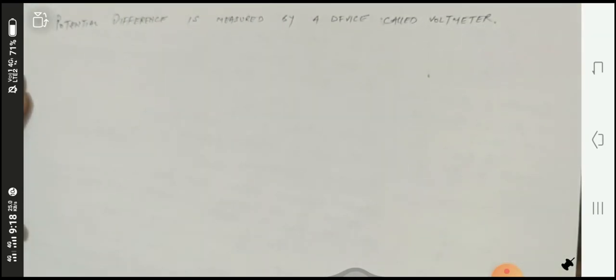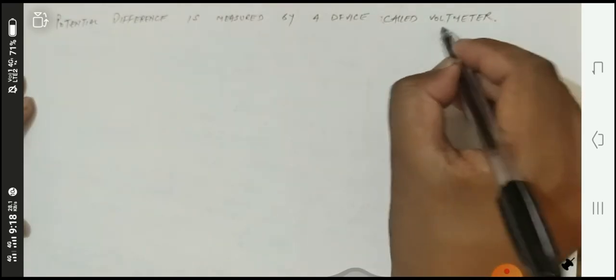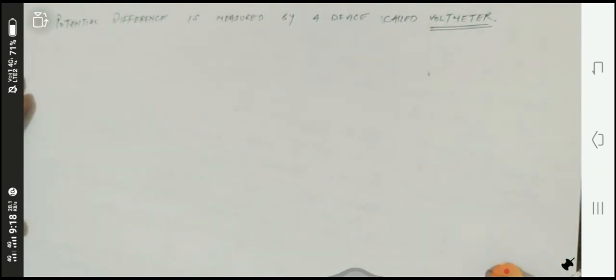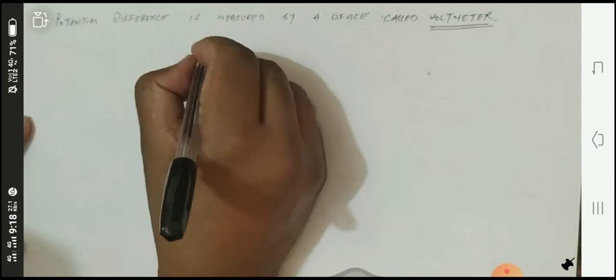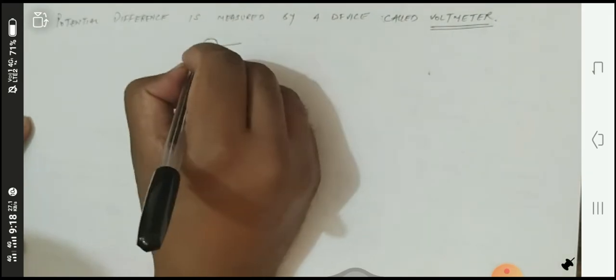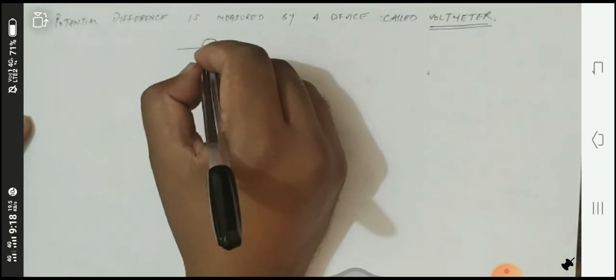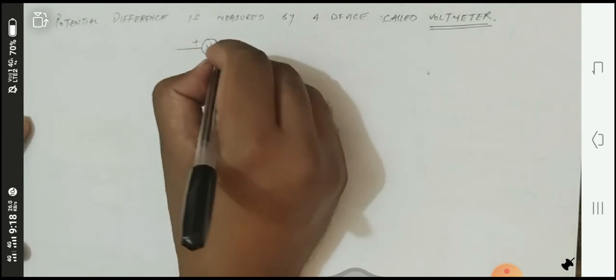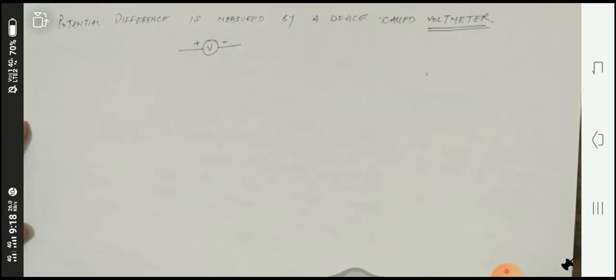We have a device called voltmeter by which we can measure the potential difference. The symbol of voltmeter is a circle with V, and positive and negative terminals. Is that clear, everyone? This is the concept of potential difference.